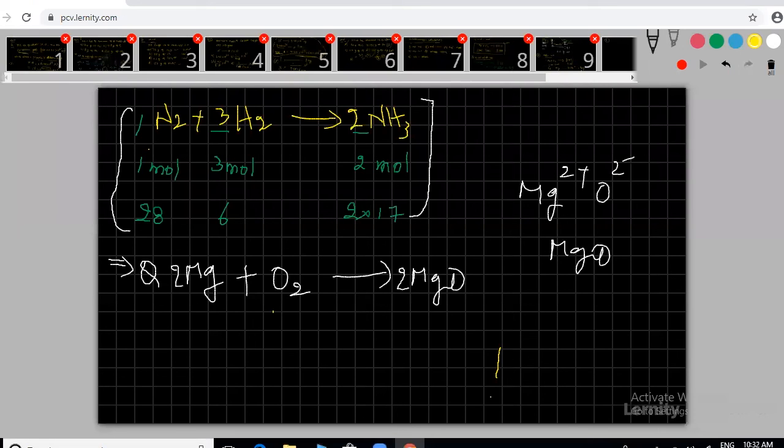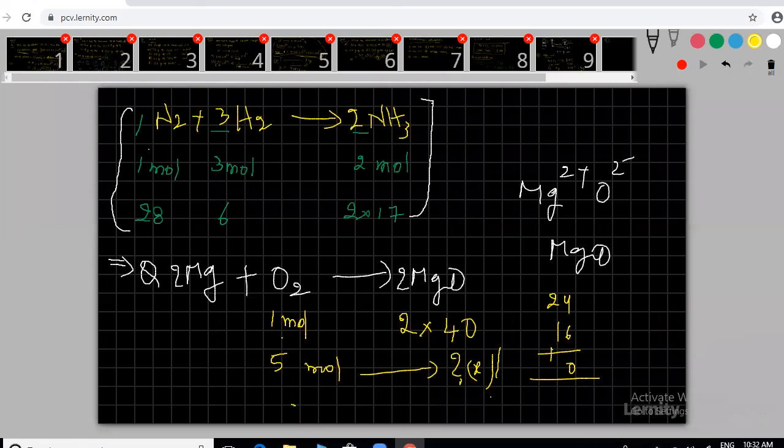Now here 1 mole, sir, 1 mole oxygen will give 2 into what is the magnesium oxide weight? Sir, 24 plus 16. How much will we get? Is it 40? 40 grams. So 1 mole will give 2 into 40 grams. Then 5 moles will give how much weight? Because I'm asking amount, that's why. So x equals 2 into 5 into 40. This many grams you will get, sir.